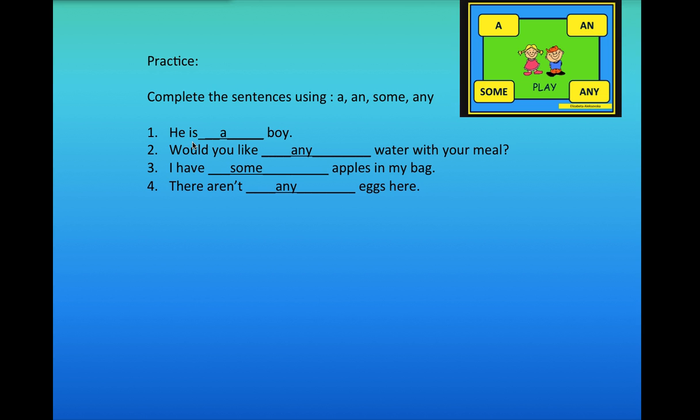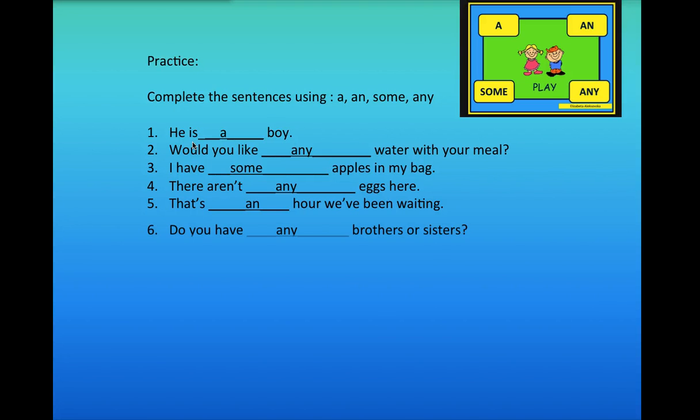There aren't any eggs here. Eggs is countable, plural, but aren't makes it a negative, so we use any. That's an hour we've been waiting. Hour is countable, but the H sound sounds like a vowel, so we're going to use an.